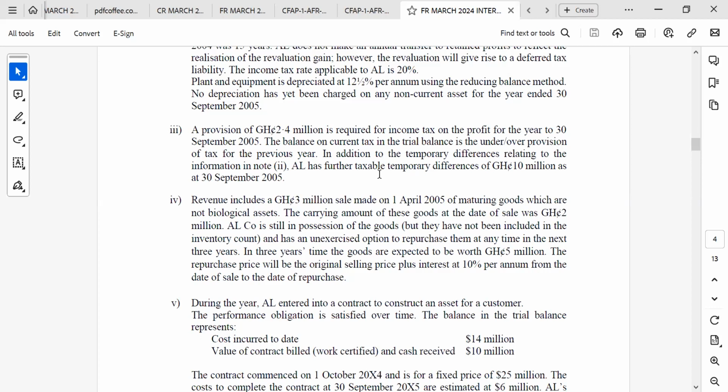Okay. So they are saying that the revenue that we use in the calculation of the profits for the year includes what? A 3 million sale made on 1st April 2005 of maturing goods which are not biological assets. We did this under revenue.